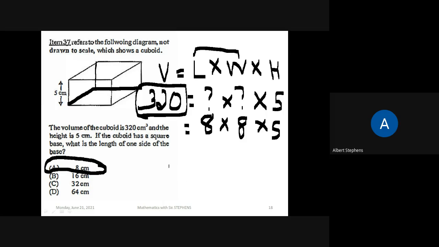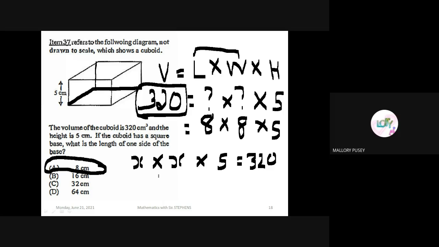Or another way of looking at it, you could call these two variables x. So x multiplied by x multiplied by 5 equals 320. What's x times x? X squared.